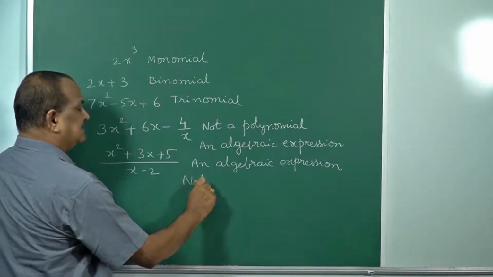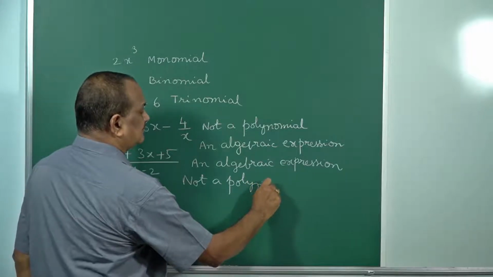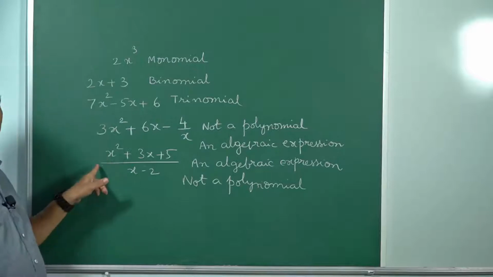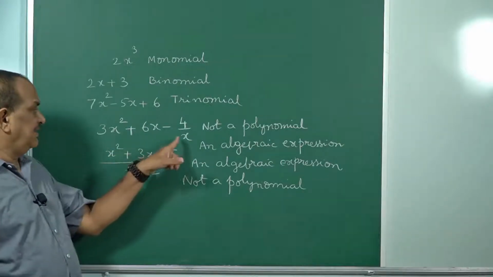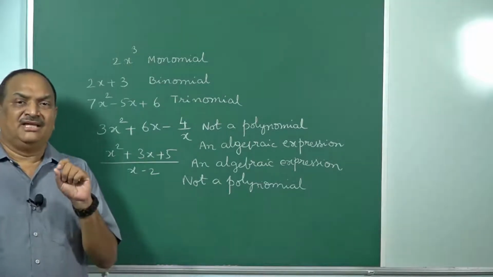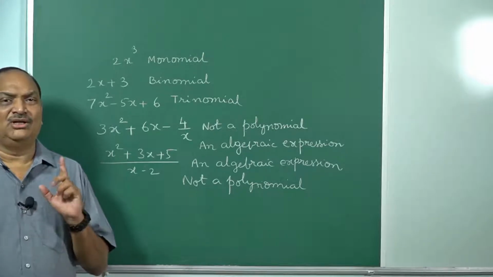So in these two cases, as a variable is found in the denominator, they remain algebraic expressions, but we don't call them polynomials.